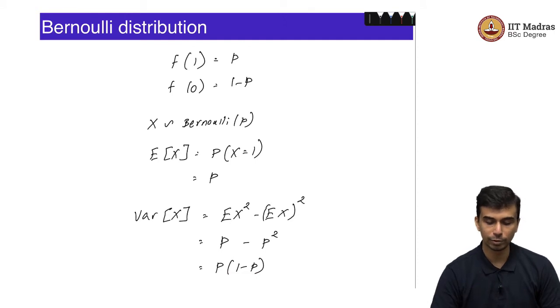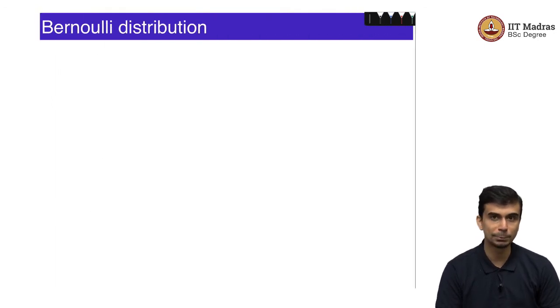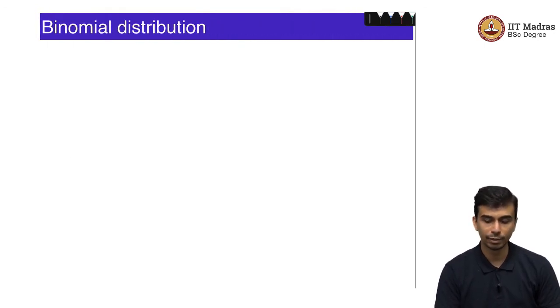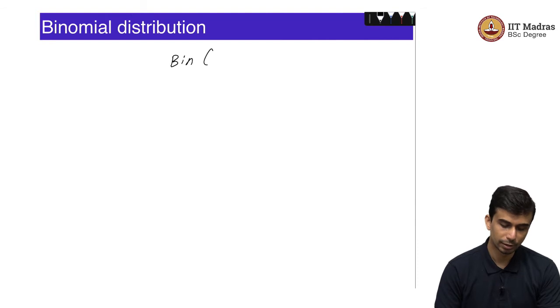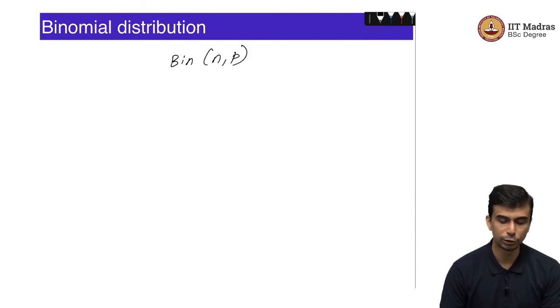The value of p which maximizes the variance is the value which maximizes p into 1 minus p, and that is exactly equal to half. When p is equal to half, the variance of the Bernoulli random variable is maximized. That is all for the Bernoulli distribution.